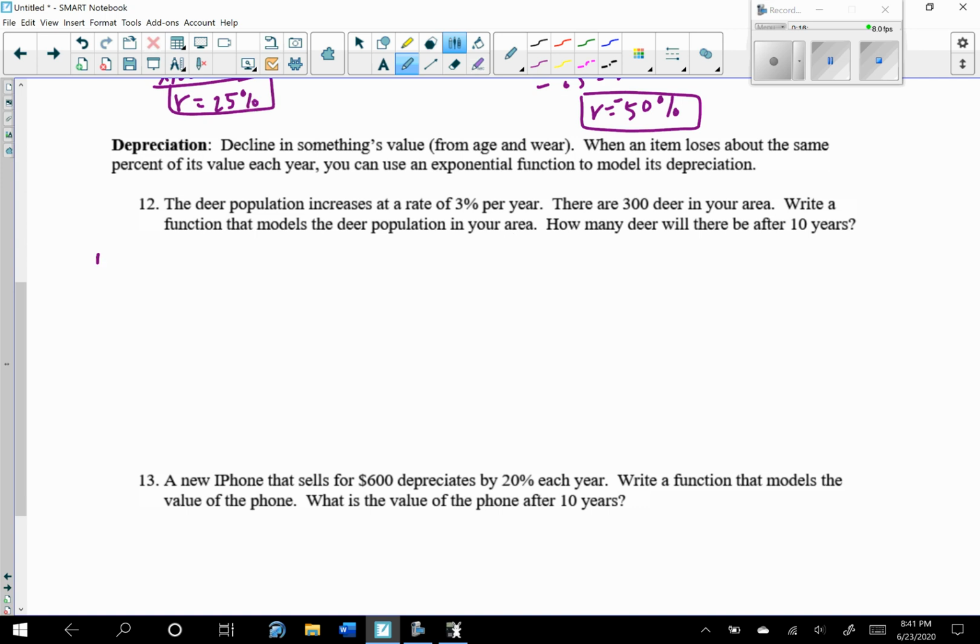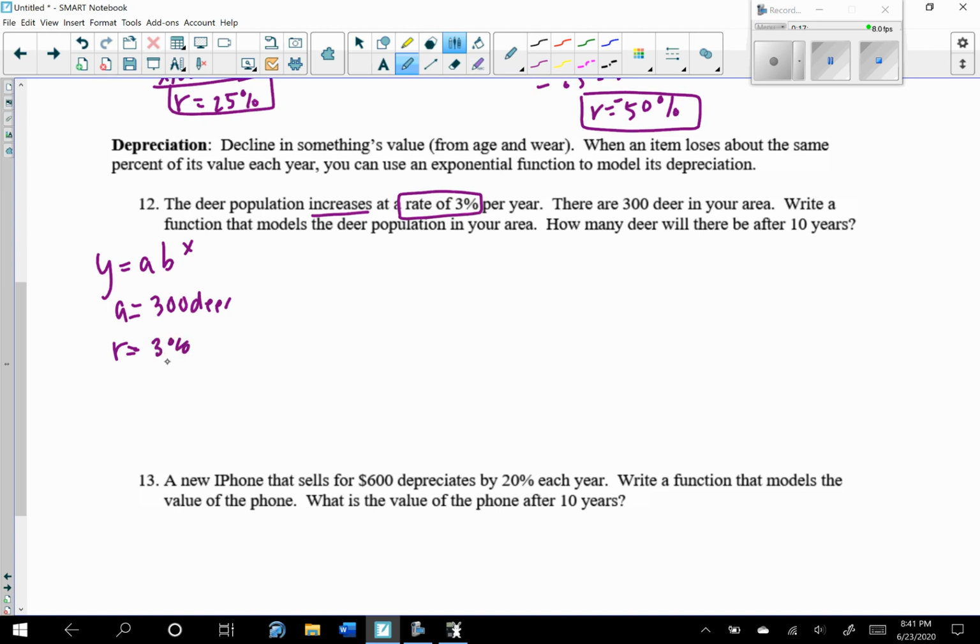So y equals ab to the power of x. A is the starting amount, which is 300 deer. And so then r, they told us, because again, it's a percentage, so we know that's the growth rate or decay rate. We know it's going to be a growth rate though, because it said increases. So for this one, that's 3%.